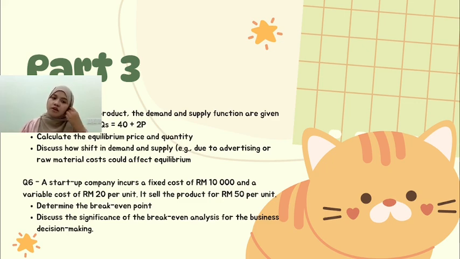So first, we need to find the revenue. Revenue R(x) equals price times x, so we put the values into the formula, which is 50 times x, and the answer is 50x.